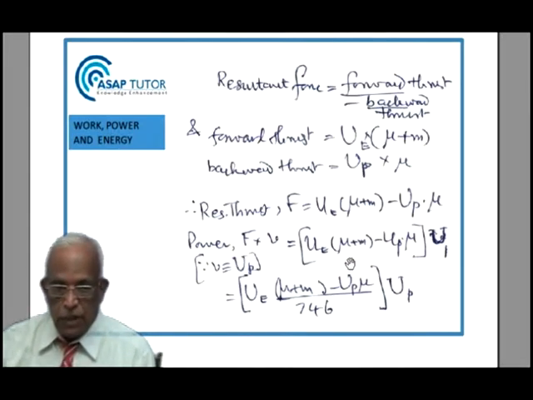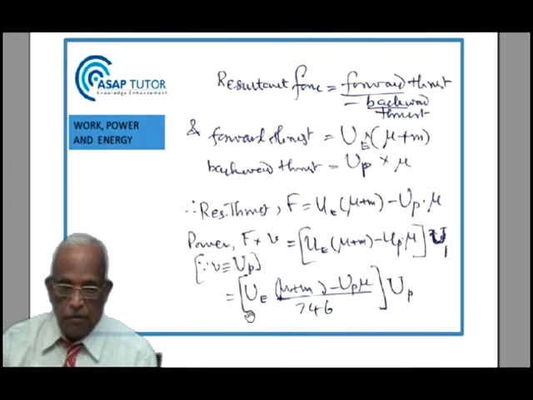Power is F into V, so ue into mu plus m minus up into mu, into V, and V is given to be capital Vp up, so ue into mu plus m minus up mu, divided by 746 for British horsepower.